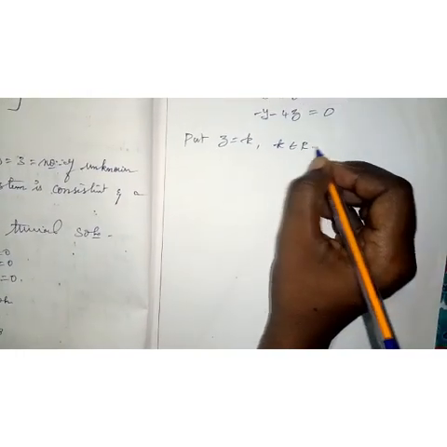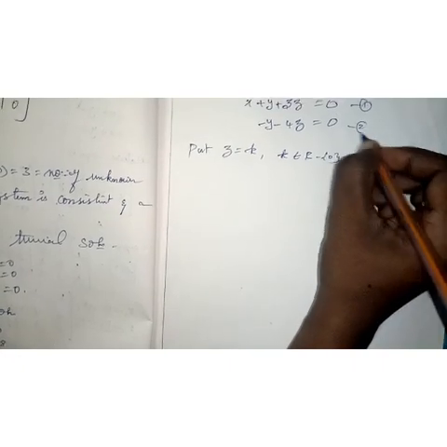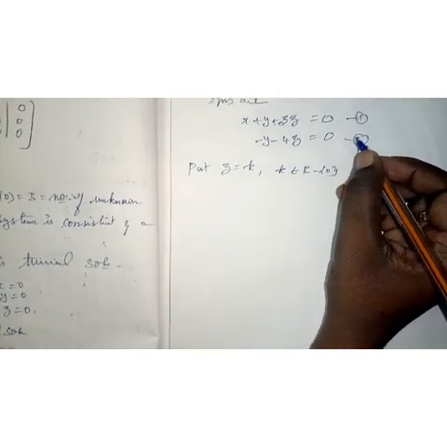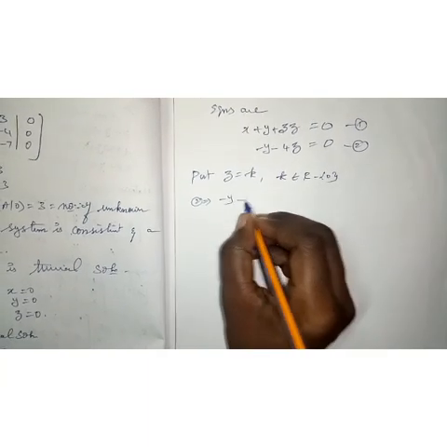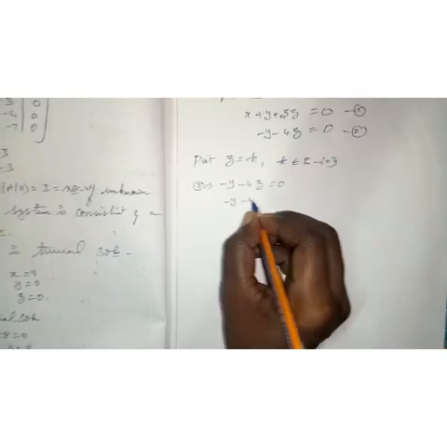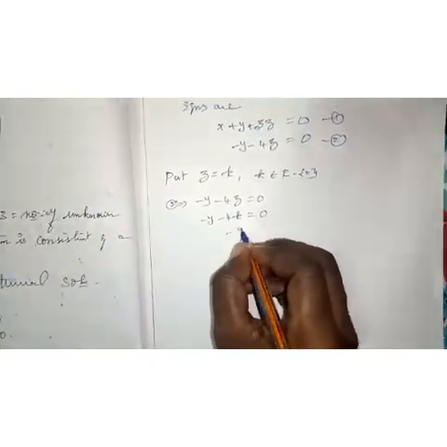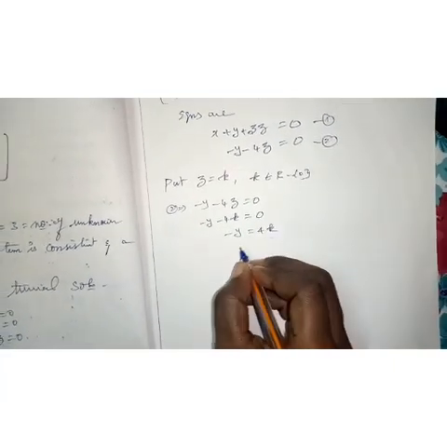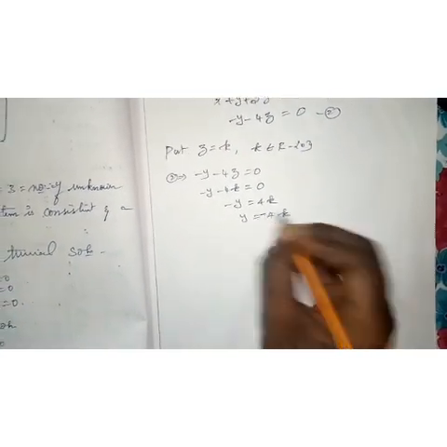So this is equation 1, this is equation 2. Substitute in 2: minus y minus 4k equal to 0, minus y equal to 4k, y is equal to minus 4k.